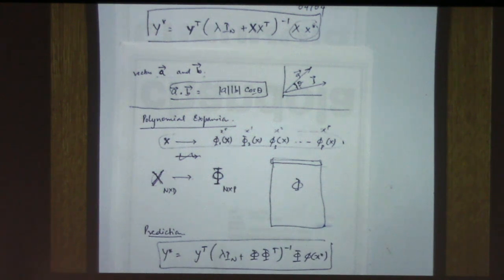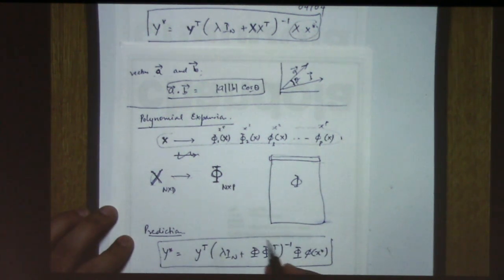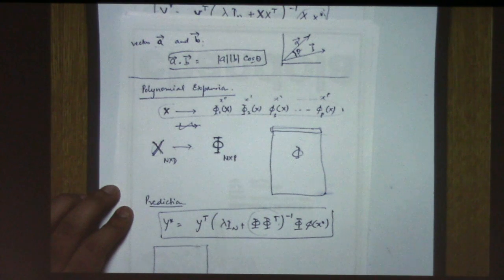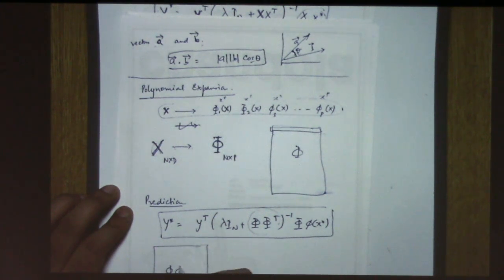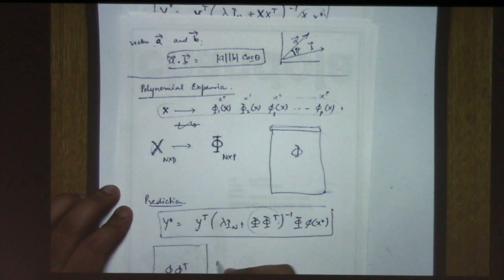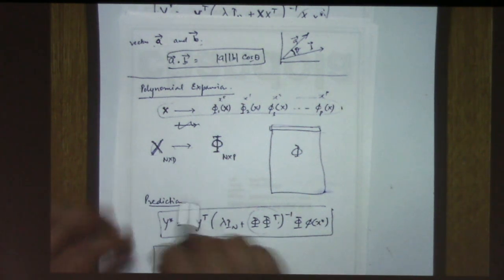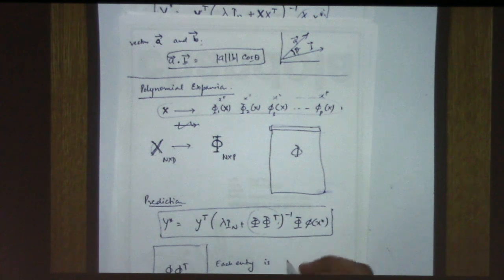The point that I'm trying to make here is that if you look at each one of these entries, in this matrix, this is phi phi transpose, each entry is the inner product of those two elements. Each entry is actually just an inner product between phi of xi and phi of xj.